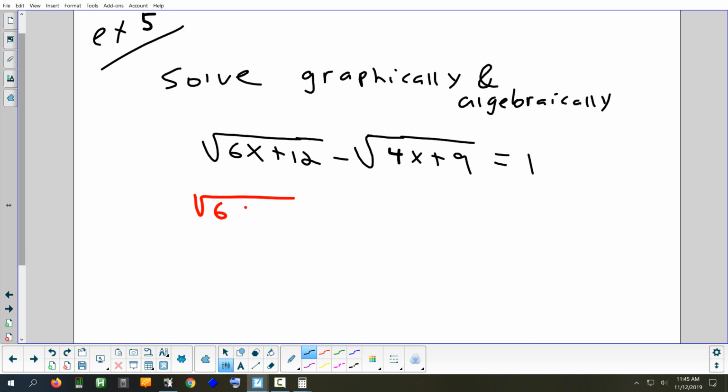Keep this root where it is. Add the square root of 4x plus 9 to both sides. So now you've got this. Now I have isolated one of my roots. Now, to get rid of this root on the left, what power would I raise each side to?